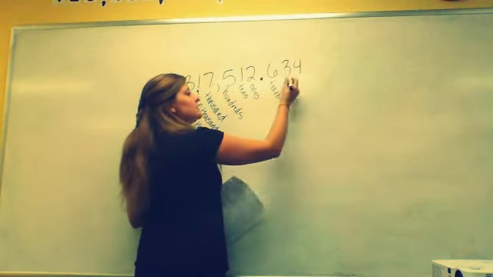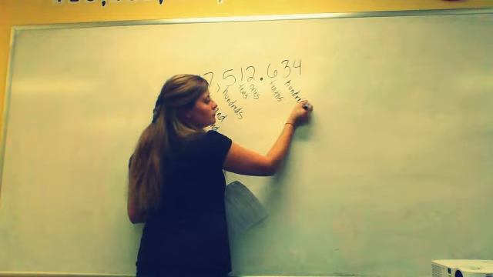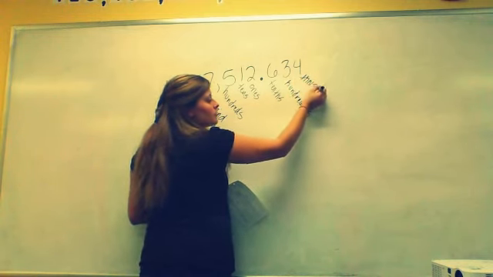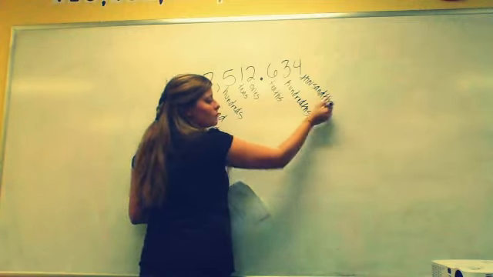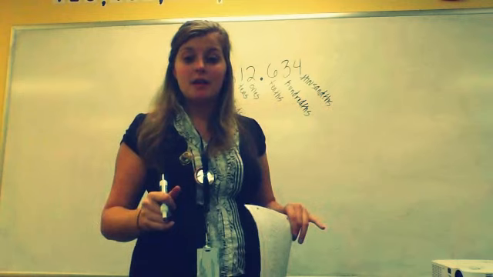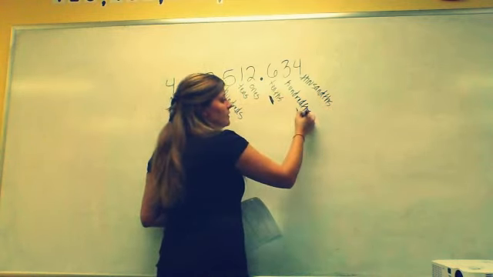So next, I've got tenths. Now I've got hundredths. And then I've got thousandths. The only difference in the spelling of these words is that TH. Okay? I'll underline all of them right there.